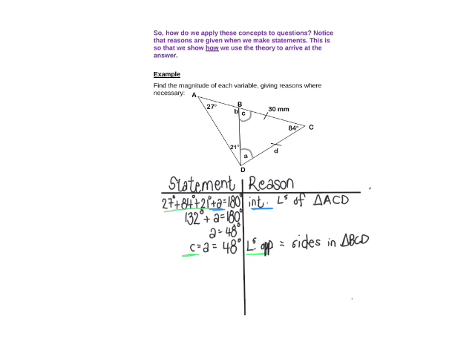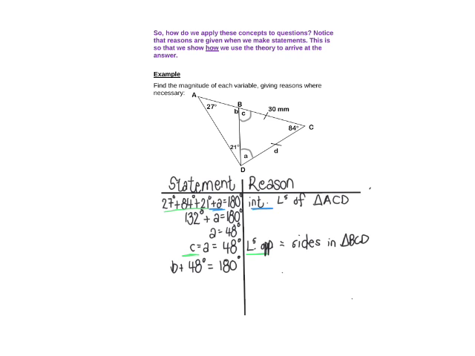Then we're going to solve for B. B is on a straight line with C, and we say B plus C's value, which we've already solved for. So we can say B plus 48 is equal to 180. Now I know there are other ways to solve this. If you have a different way than I did, you can just send me a picture of what you've done and I'll have a look at whether it makes sense.